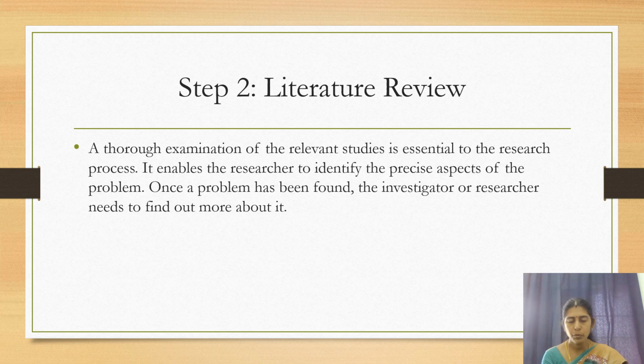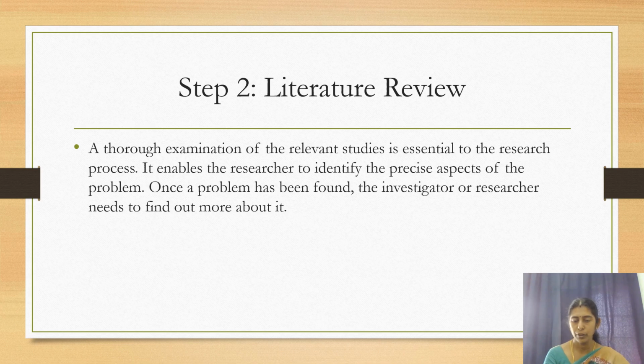The second step, after finding out the research problem and finalizing the topic on which you're going to do research, is the literature review. We'll find out more reviews of the same topic from past years. The problem you have identified may not be your own problem alone; it may be a problem of many people. So we'll review what others have written on the topic you have decided on.